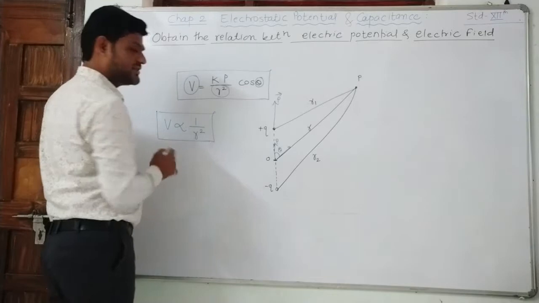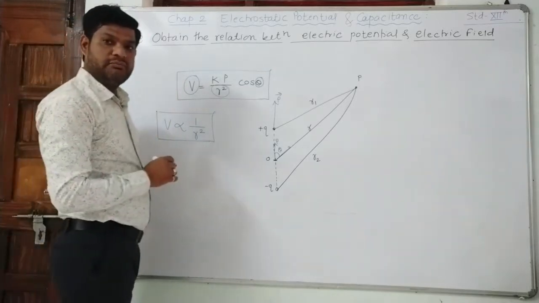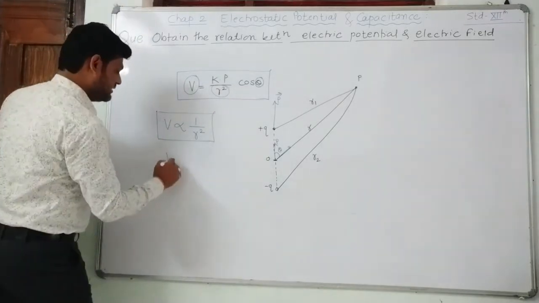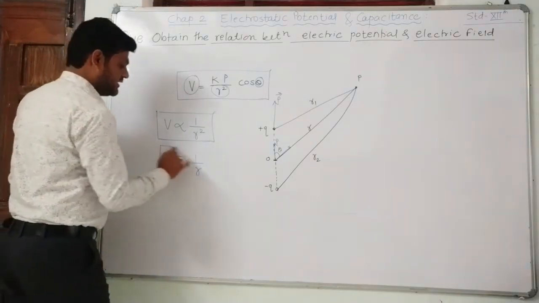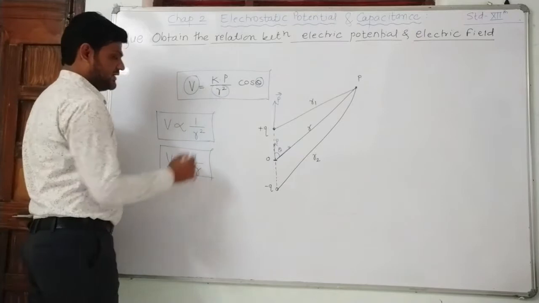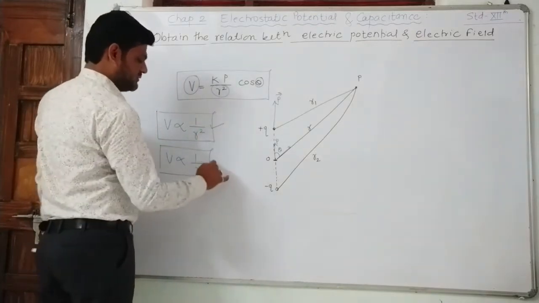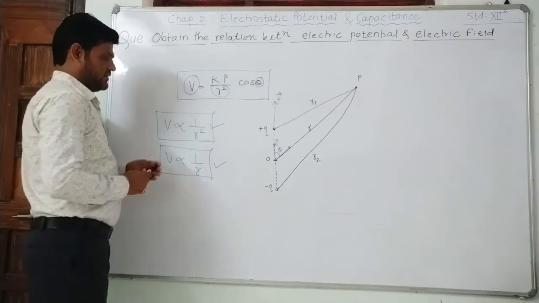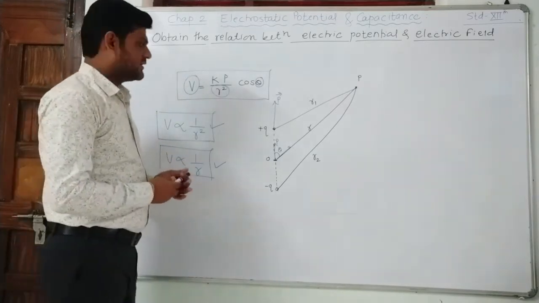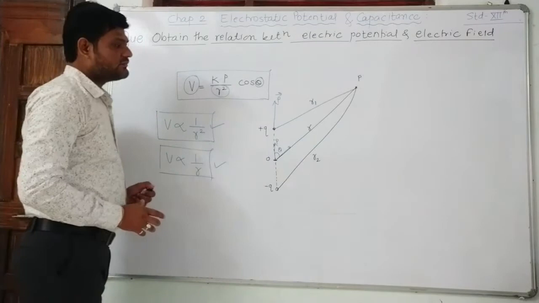But what we studied, due to the point charge, the potential is inversely proportional to 1 by R. This thing we have to keep in mind: this is for dipole and this is for point charge. This is an important point regarding the dipole.